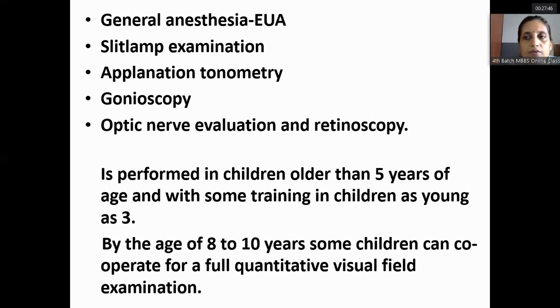We have not only the Tonopen, which has the same principle as that of the Goldmann applanation tonometry. Gonioscopy we can do, and optic nerve evaluation. Dilated fundoscopy we can see, and retinoscopy. This can be performed in a child older than 5 years of age, with some training in the child.